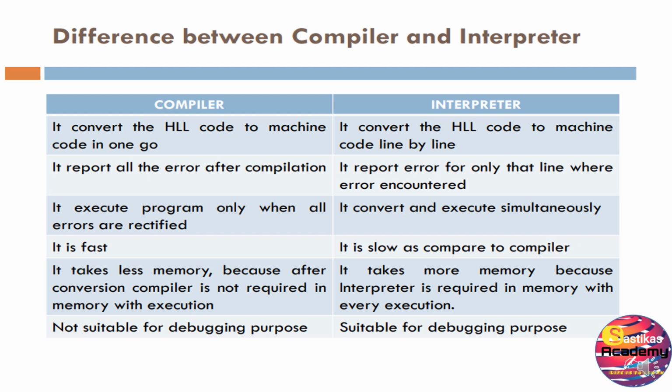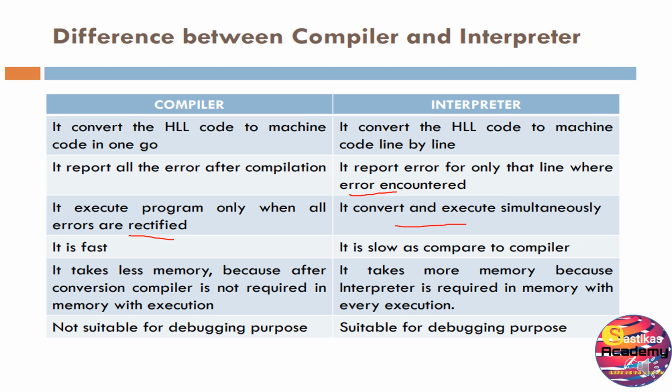The compiler reports all the errors after compilation, but the interpreter reports immediately, at the same line where the error is encountered. The compiler executes the program only when all errors are rectified. The interpreter converts and executes simultaneously. So when you are typing the program, it immediately shows the error and it will show the output also according to what you are typing.